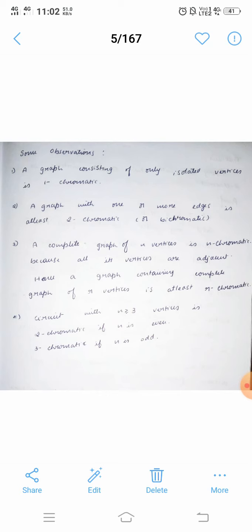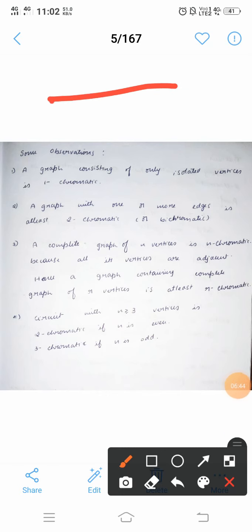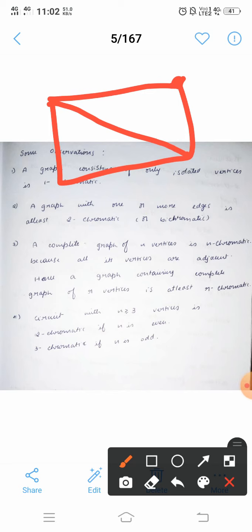That means, for every pair of vertices in a graph, there is an edge in between them. If I have four vertices, all the vertices have to be connected with one edge. This is a complete graph.